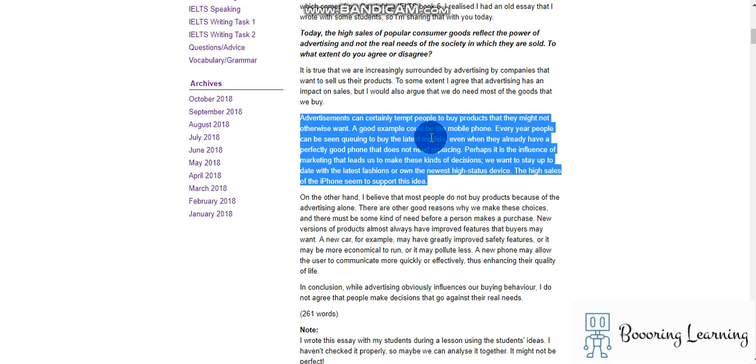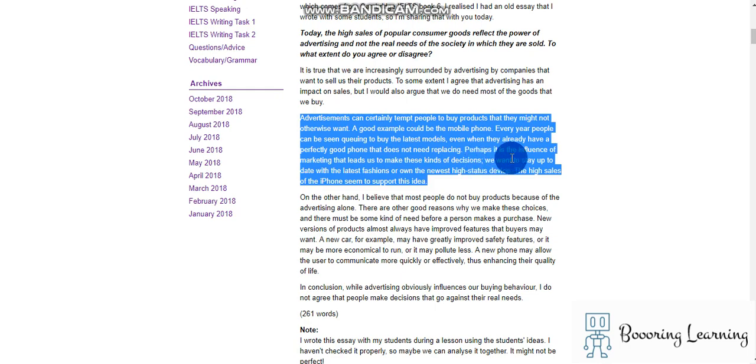Advertisement can certainly tempt people to buy products that they might not otherwise want. A good example could be the mobile phone. Every year people can be seen buying the latest models even when they already have a perfectly good phone. Perhaps it is the influence of marketing that led us to make these kinds of decisions.